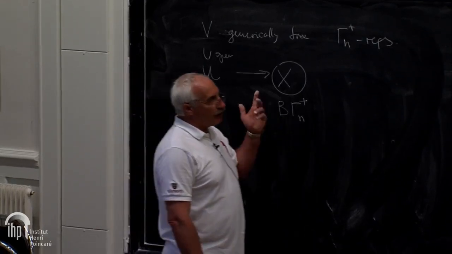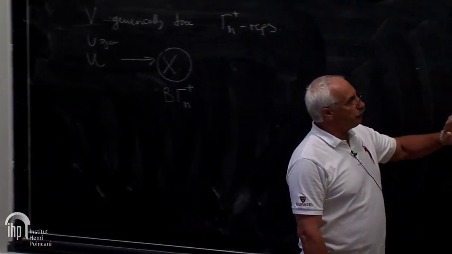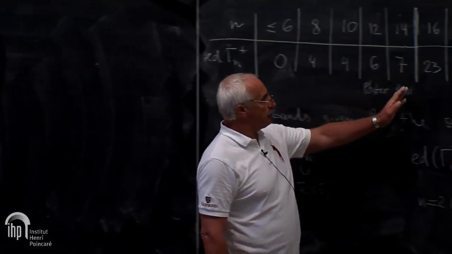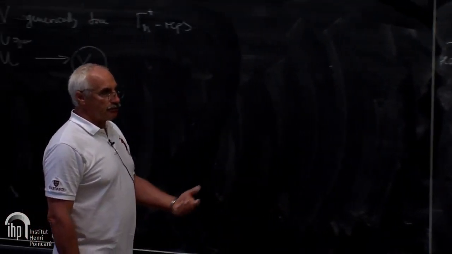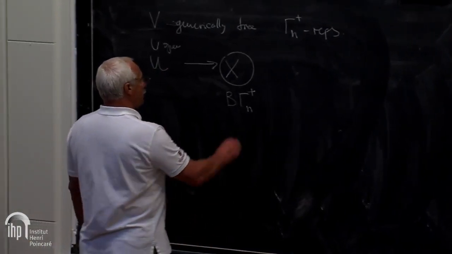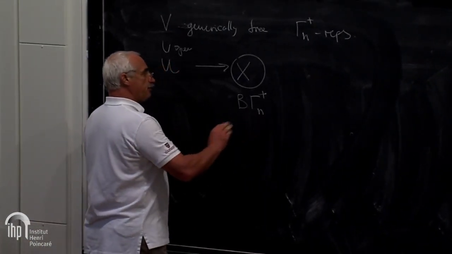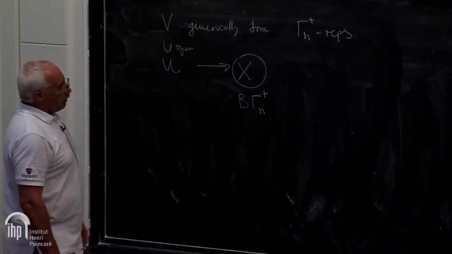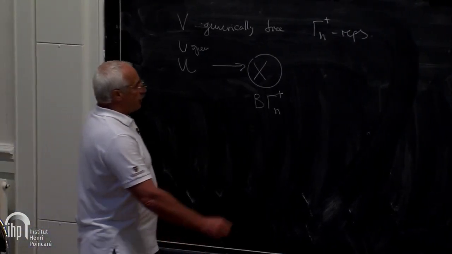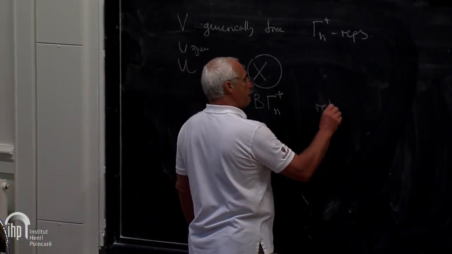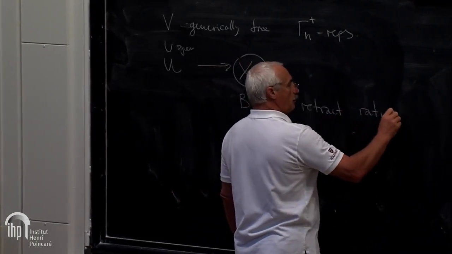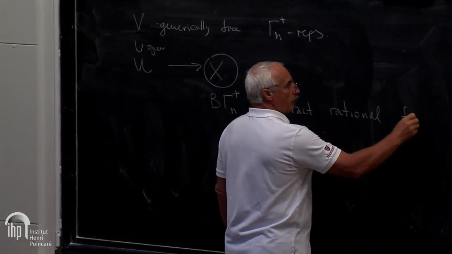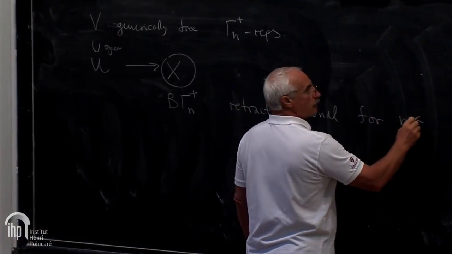And the fact that all the forms up to dimension 14 can be classified by algebraically independent parameters means that this has a very nice property. It's almost a rational variety. In fact, it's retract rational for n at most 14.